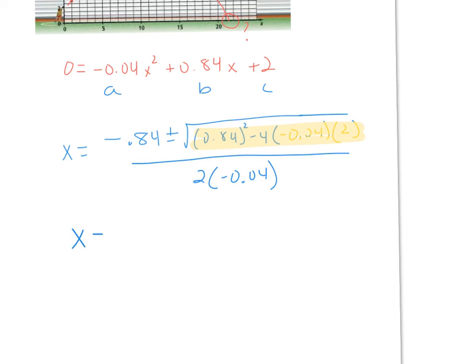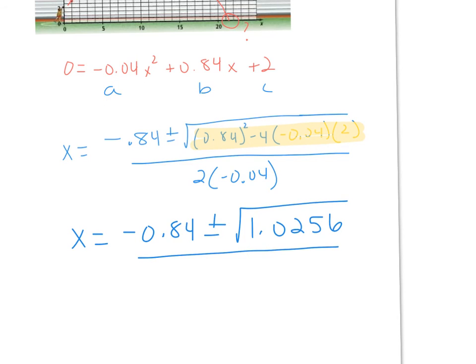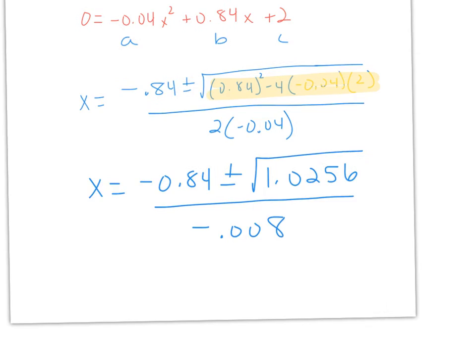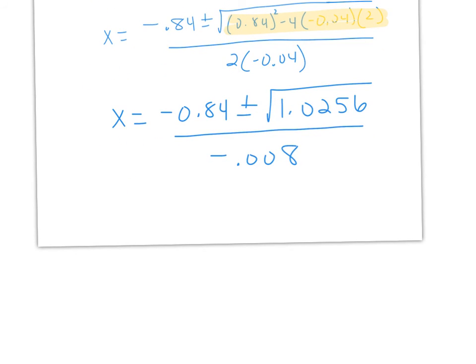I got x equals -0.84 plus or minus the square root, and I got 1.0256 when I type that into my calculator. And then on the bottom here, I have -0.008. All right, so now I'm going to go ahead and square root the 1.0256.